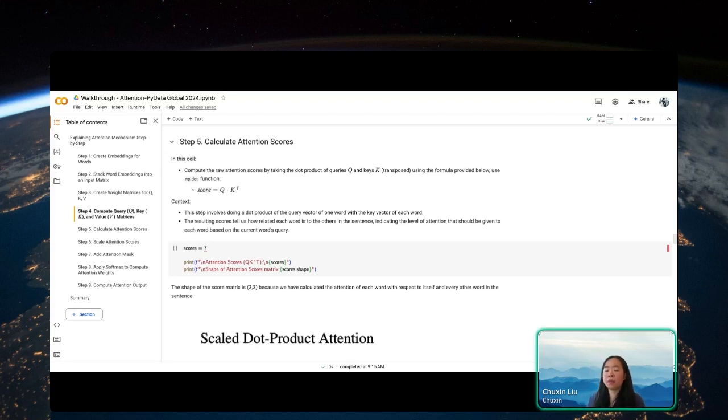So for example, "you are amazing". Amazing's query will have a dot product with the key of "you" and the key of "are" to see how much attention amazing has to all the other words. So go ahead and implement step 5 and hit a thumbs up when you're done.